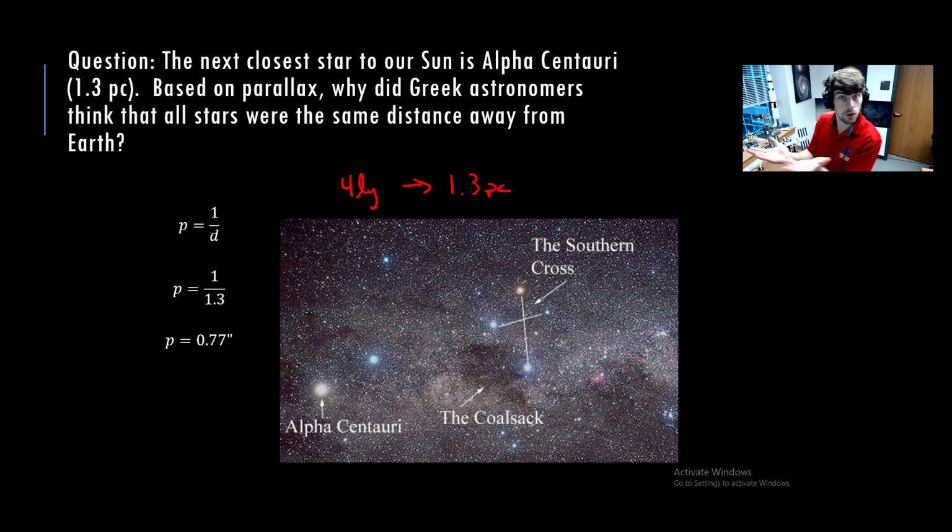Now we have to fast forward to the 1800s, and we start getting an idea, for example, that nearby stars actually do shift. We get better measurement equipment, and I think one of the things that really helps us out in terms of developing technology, aside from the telescope, is the photographic plate. No longer do you have to take a mental image and draw it out on a piece of paper.